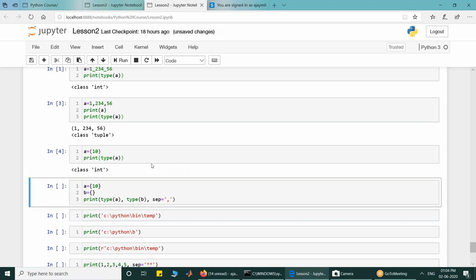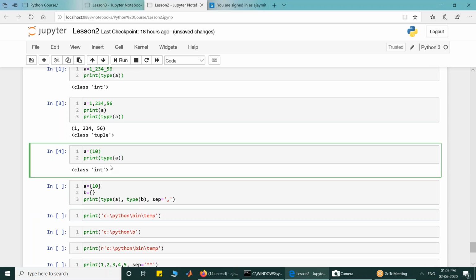Ramesh Kumar Ram, unless you put a comma, it will not become a tuple. A is an expression written within parentheses. Once the parenthesized expression is evaluated, it comes out to be 10, and 10 is assigned to A. So this would not become a tuple.